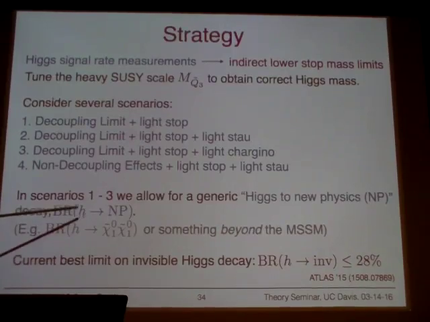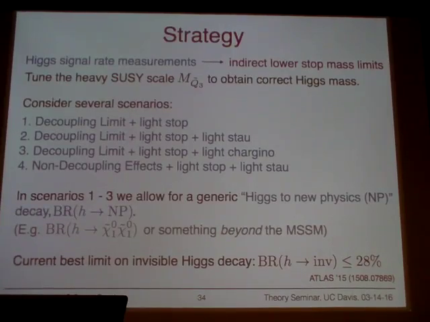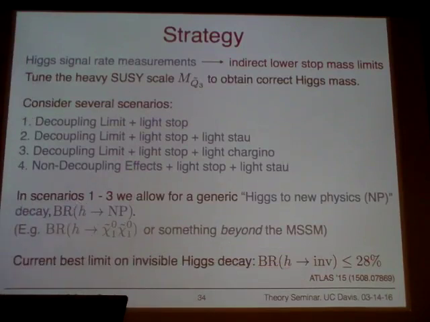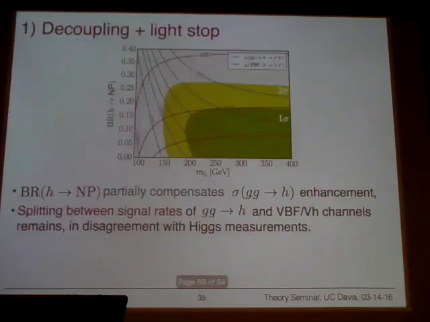But what this does is that it overall suppresses all your decay rates to standard model final states, and thus can partially compensate the enhancement in the production cross-section. So you play that game to derive standard model-like signal rates. Just for reference, the current limit for Higgs to invisible is currently at 28%.